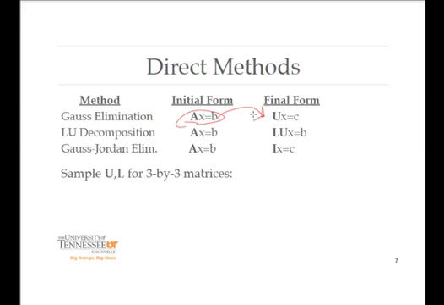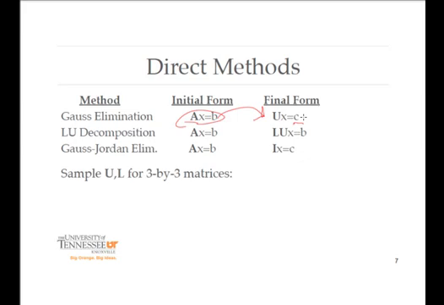In this particular case, the final form is usually an upper triangular matrix where the right-hand side has been slightly perturbed. Notice that in this table we changed the system AX equals B to a final form UX equals C, where U is an upper triangular matrix and C is also a right-hand side vector, but it's not necessarily the same as the original right-hand side vector B given in the original problem.